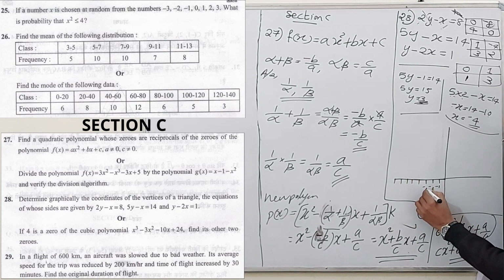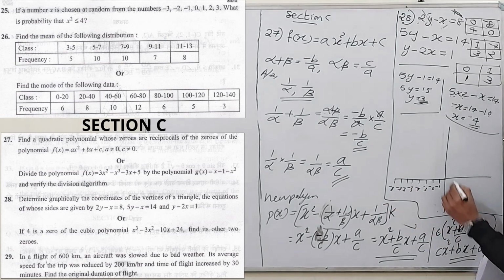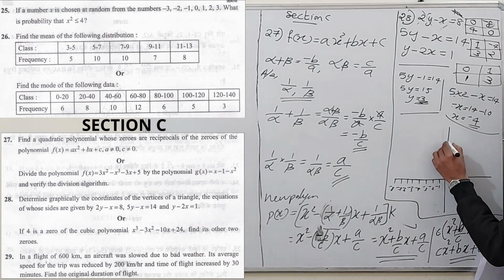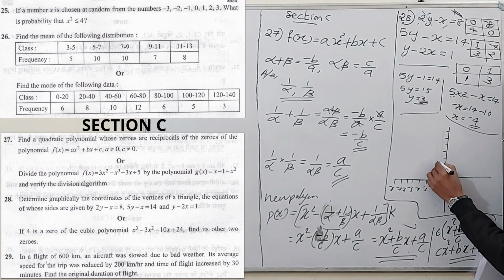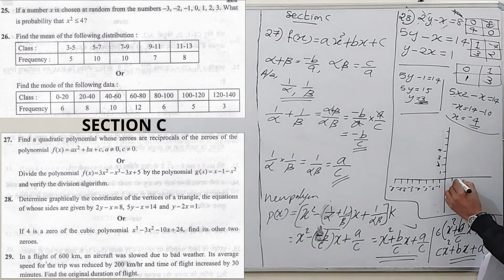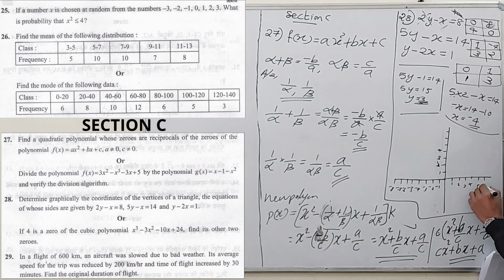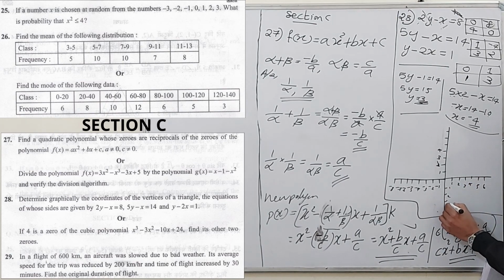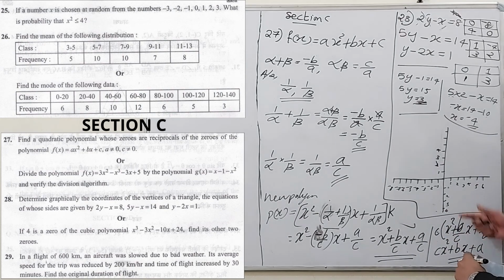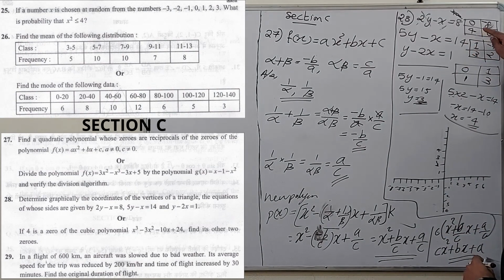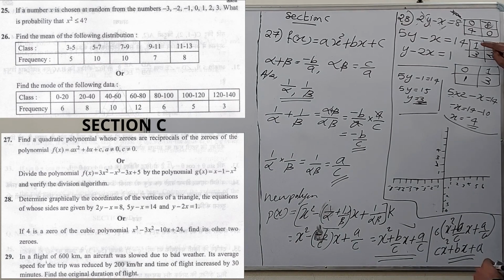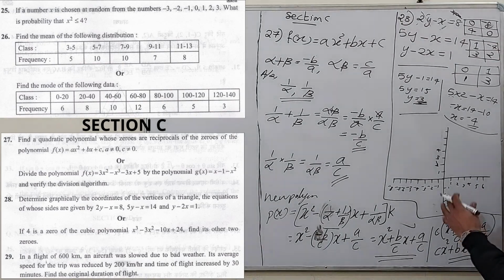Minus 1, minus 2, minus 3, minus 4, minus 5, minus 6, minus 7, minus 8. So all positive values: the maximum value of positive coordinate is plus 4, and x coordinate is also maximum 1, so that is enough.